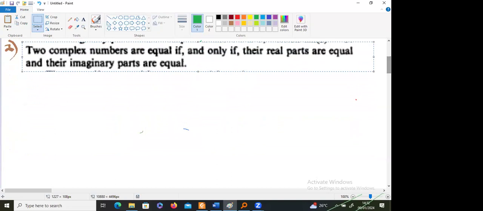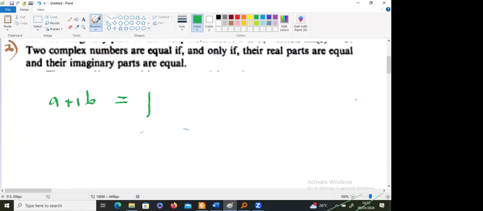So if I have two complex numbers, and I say A plus iB is my one complex number and this is equal to P plus Qi, then what do I expect? I expect that A and P will be equal, the real parts of the complex numbers, and also B and Q will be equal, the imaginary parts.